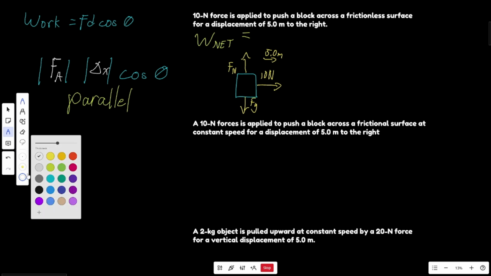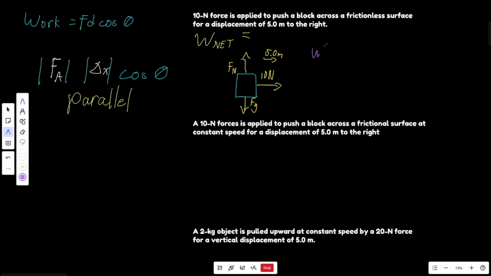So let's try breaking down first our applied force. Our applied force here is 10 newtons. So we're going to get the work done by the applied force. Work applied: our applied force is 10 newtons, our displacement is 5.0 meters, and our cosine of 0 is because they're going in the same direction.